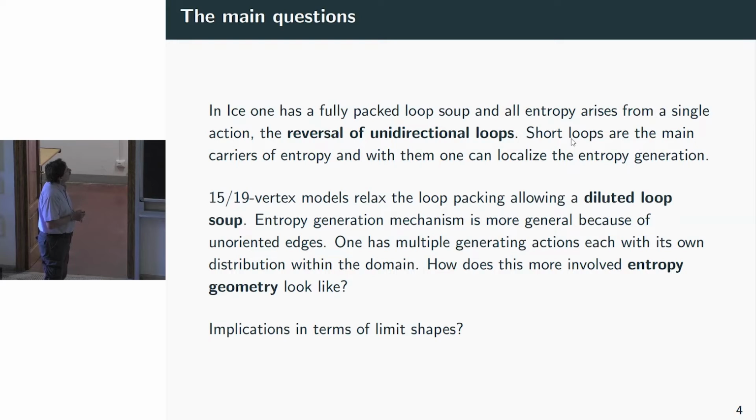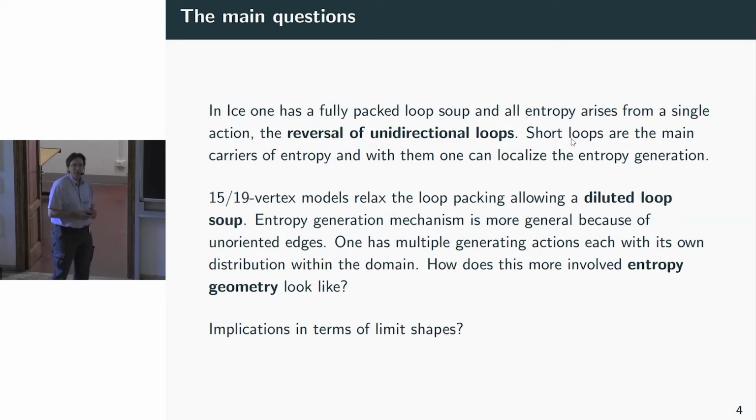Now, 15 and 18 vertex models are more complicated because the loops are diluted because of these unoriented edges. And it turns out that to generate all the configurations for these models, you need multiple actions that you will see shortly.